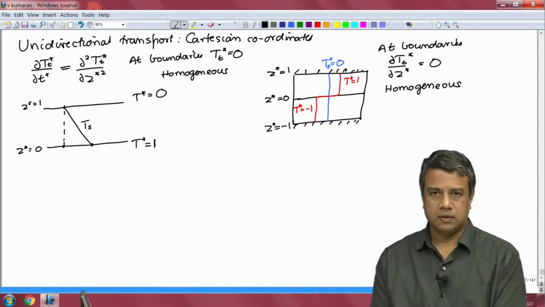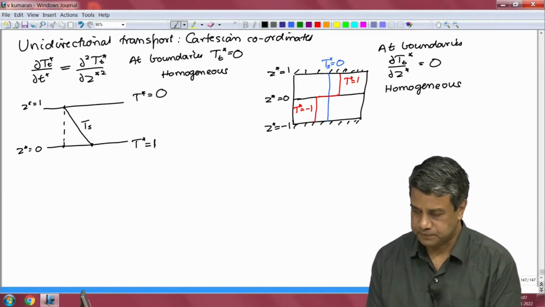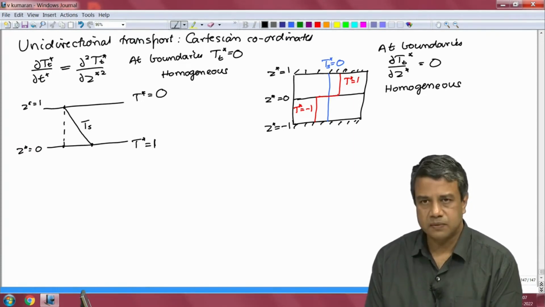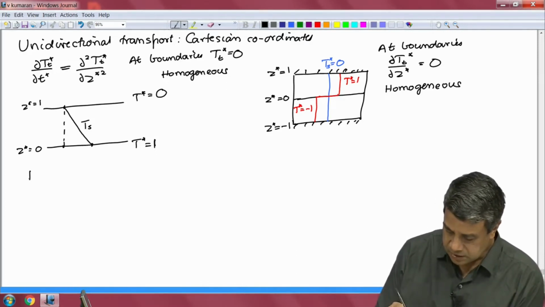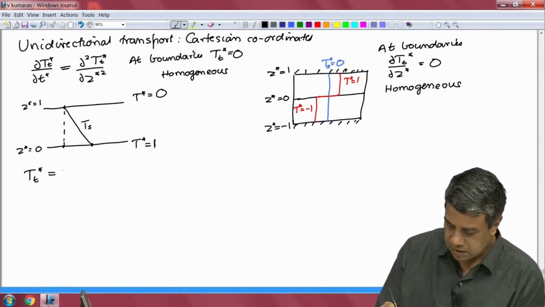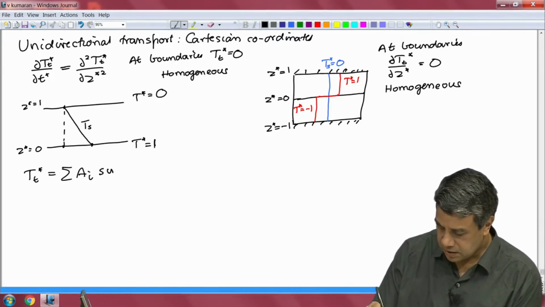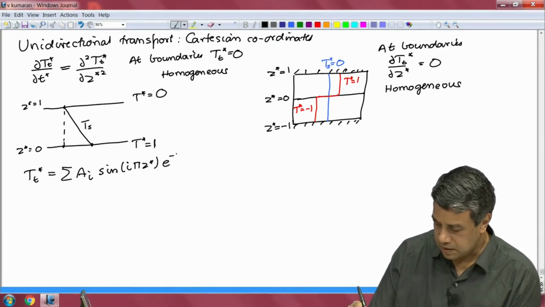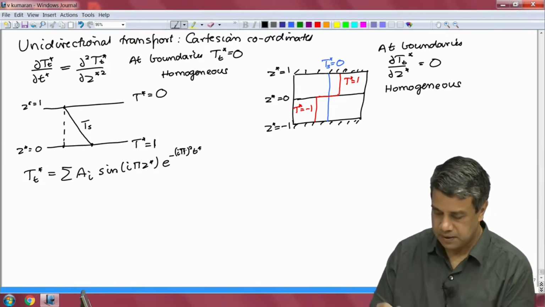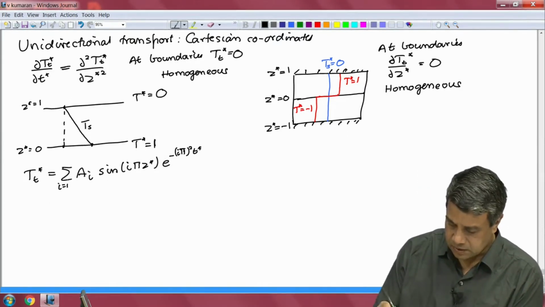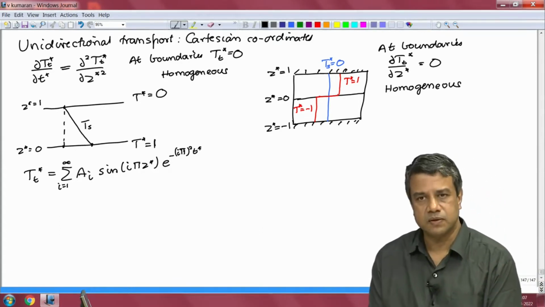And then we had got solutions of the form, for the transient temperature profile, summation of a i sine of i pi z e power minus i pi the whole square t. In the first case, i was equal to 1 to infinity because the sine function was 0 at 0.